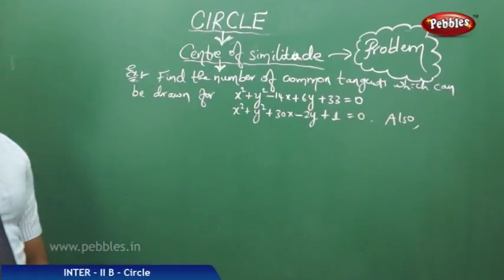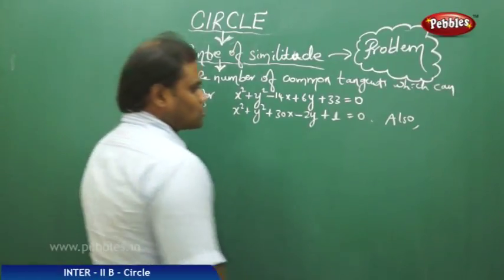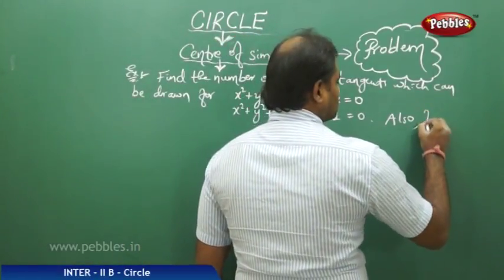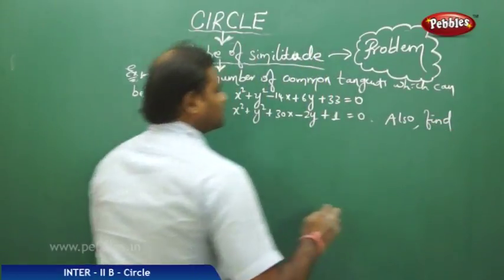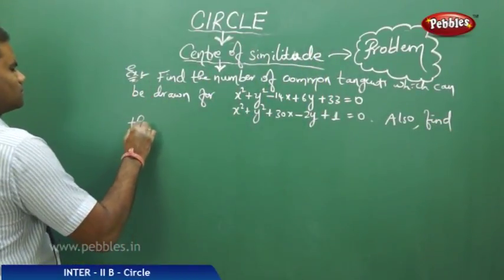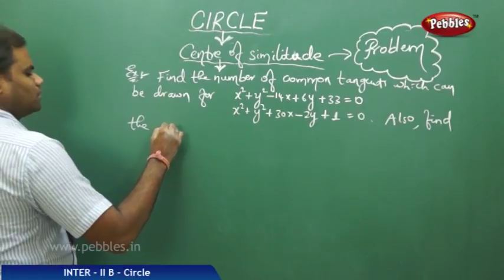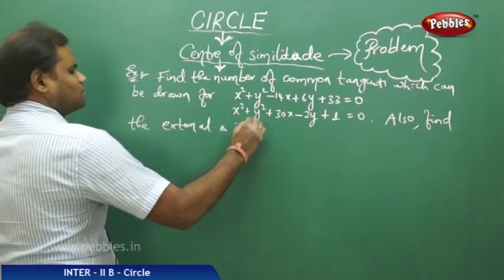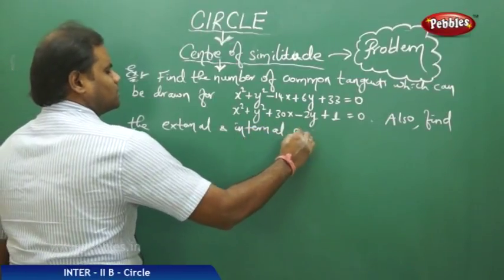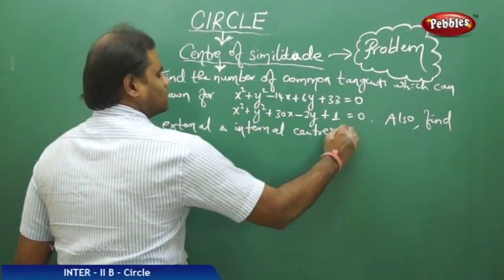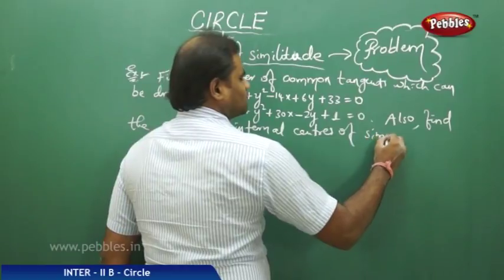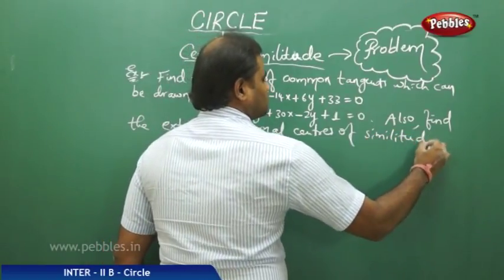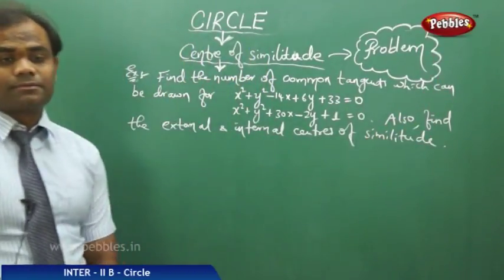So the initial part of the question is this, and also: find the external and internal centers of similitude, if they exist.